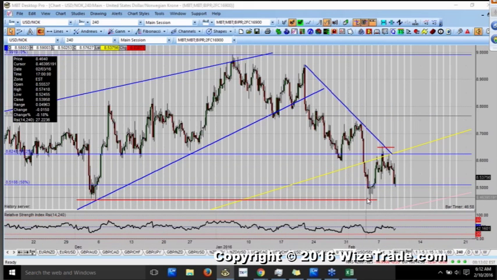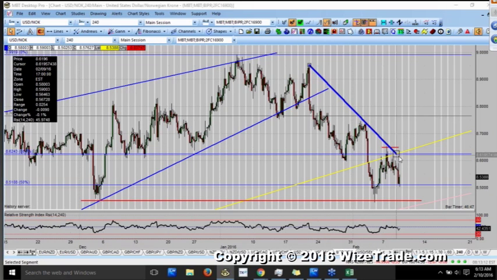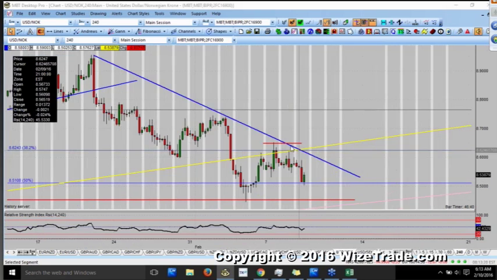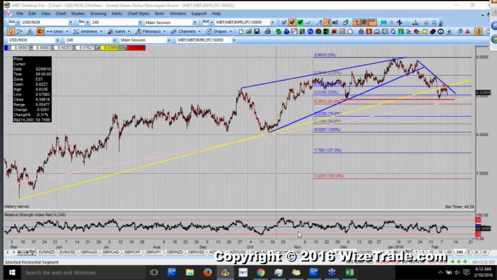Which is really interesting. We have to get back above basically this red line to turn bullish or to take this downside pressure off. But you can see this is like the underside of this trend line here.